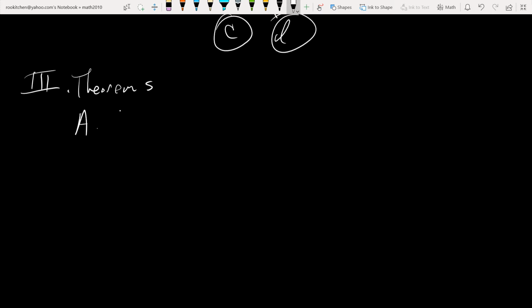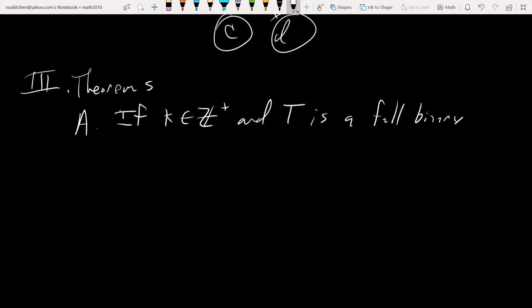So if K is a positive integer and T is a full binary tree. Okay, so a full binary tree means that all of the vertices that are parents are going to have 2 offspring.